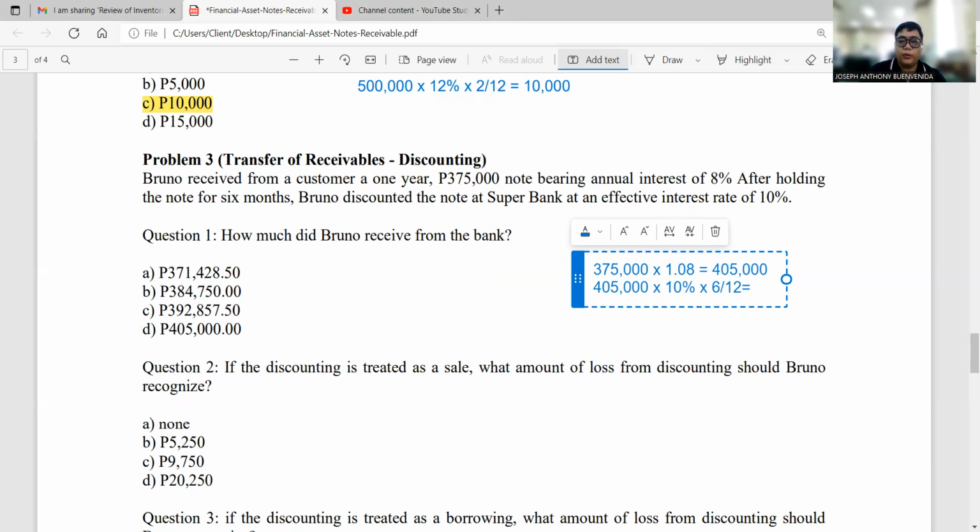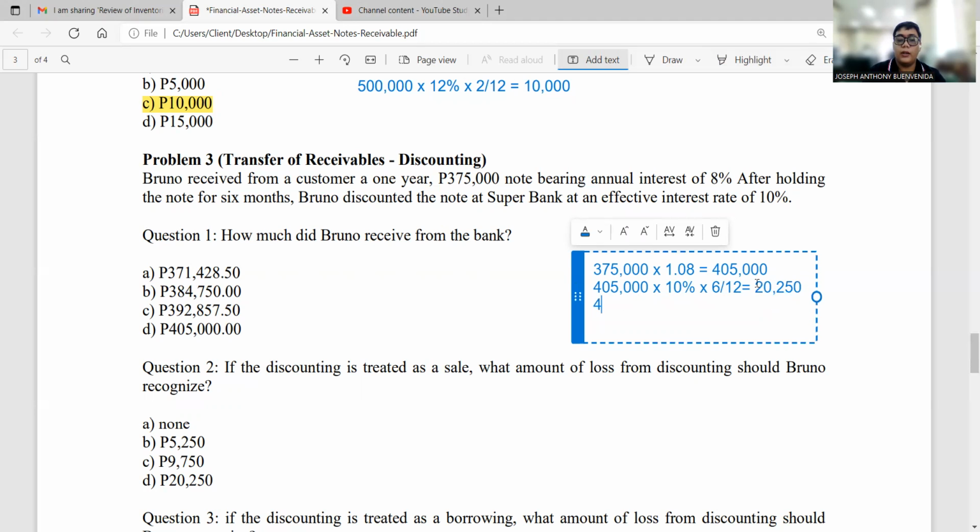So let's compute 405,000 times 10% times 6 divided by 12. So it's 20,250 ang discount. Okay, 20,250.